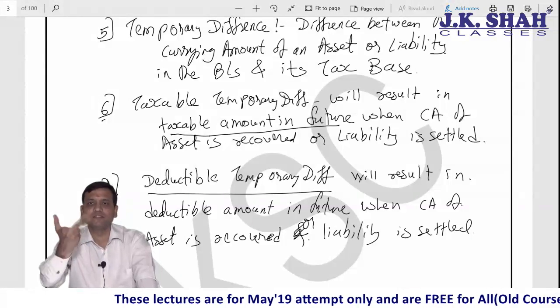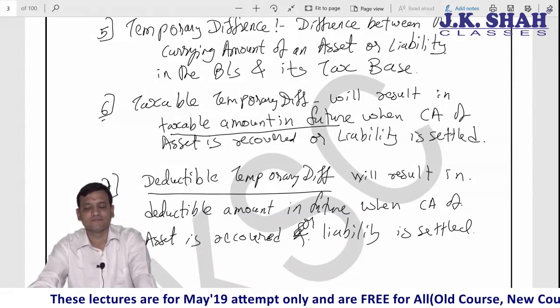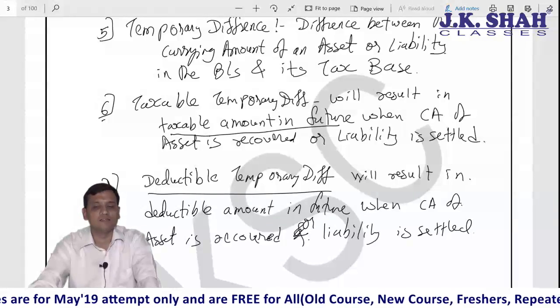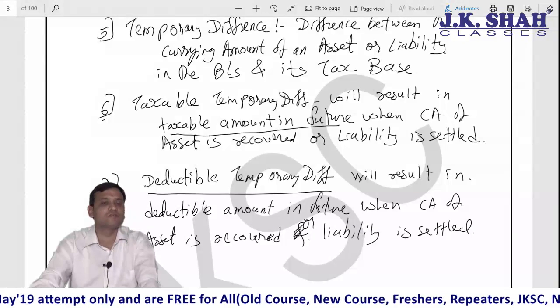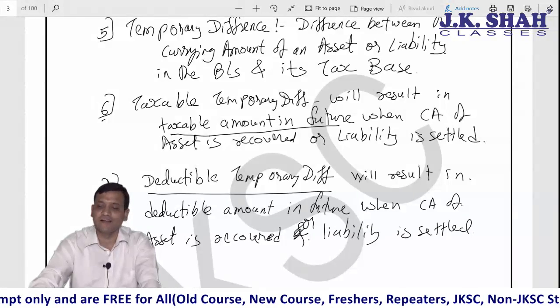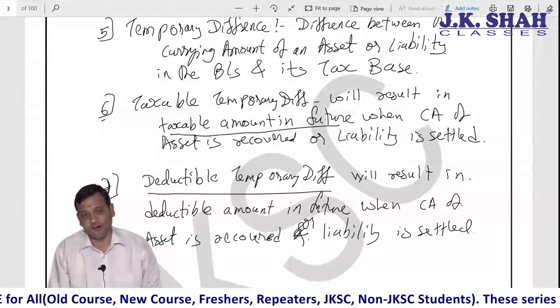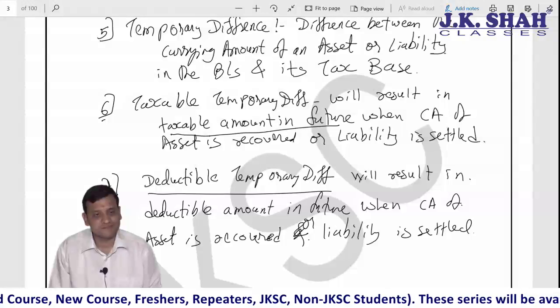The same example, just reverse it. What will be the reversal? Asset is 70 in the books, asset is 100 in tax. It means the asset is going to give me benefit of 70 in future.